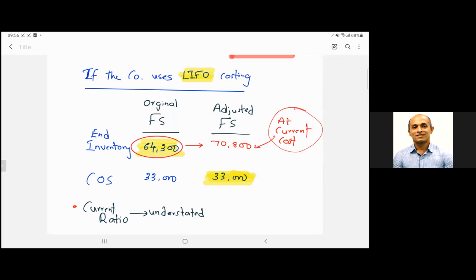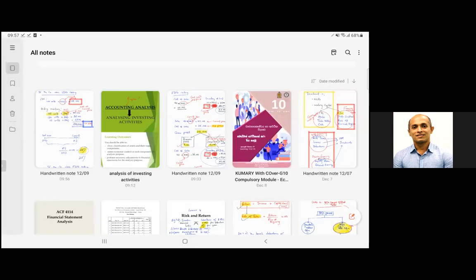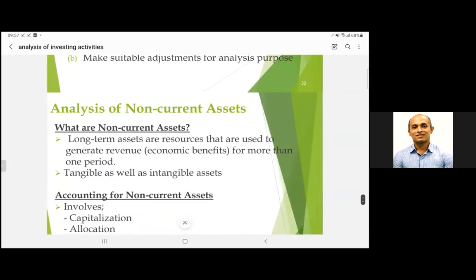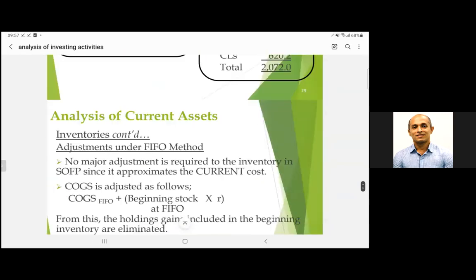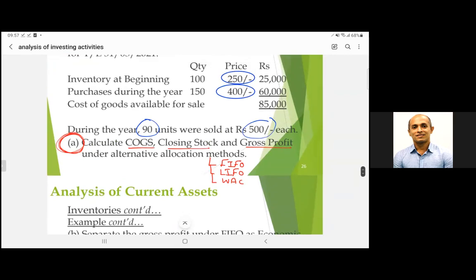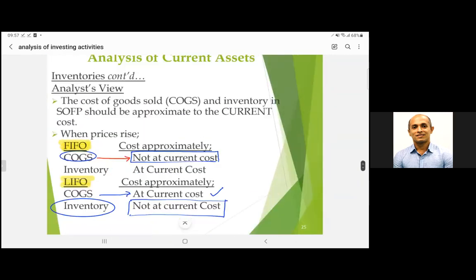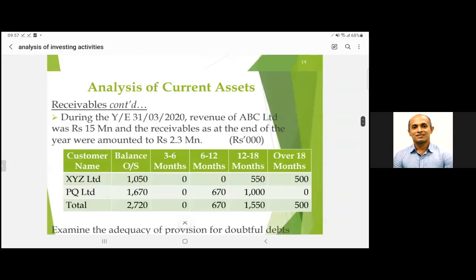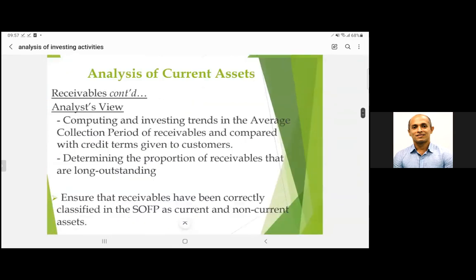Right. Any questions? In the next lecture, we'll do analysis of... now we have completed only two. Yes, last time we completed analysis of cash and cash equivalents.